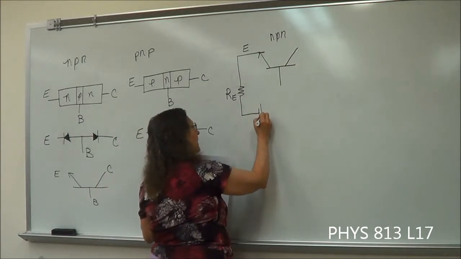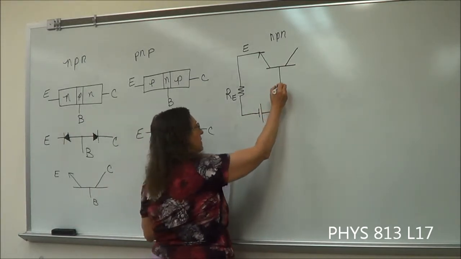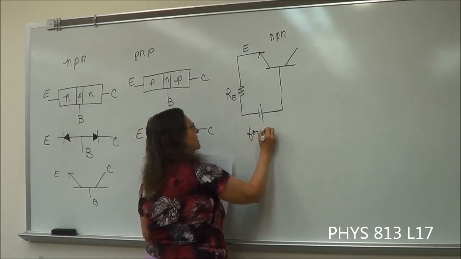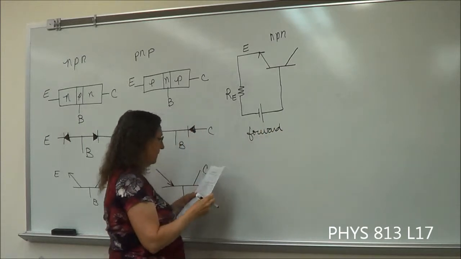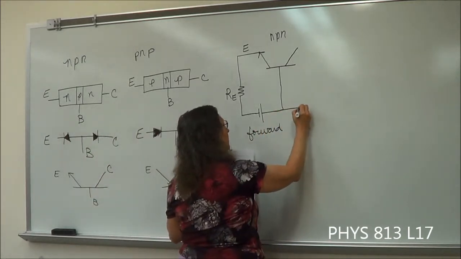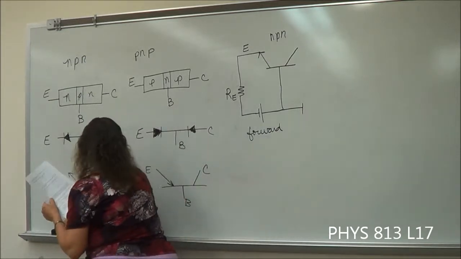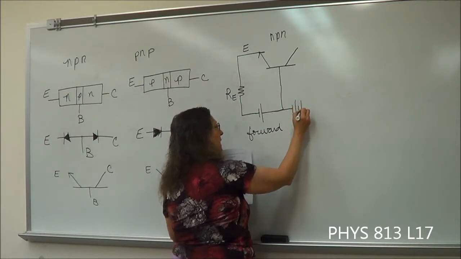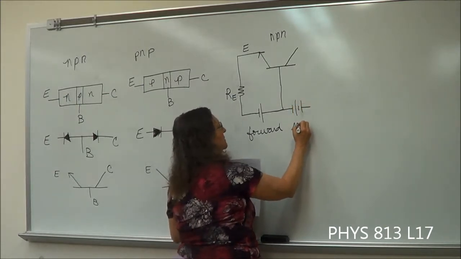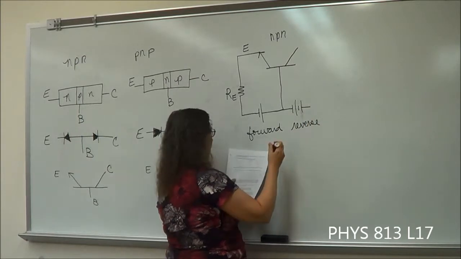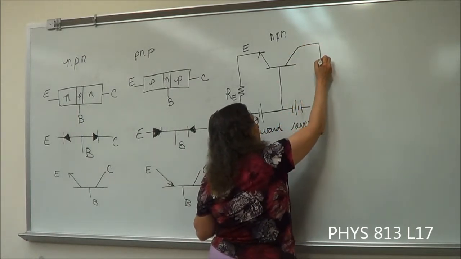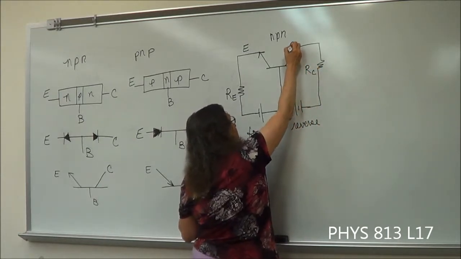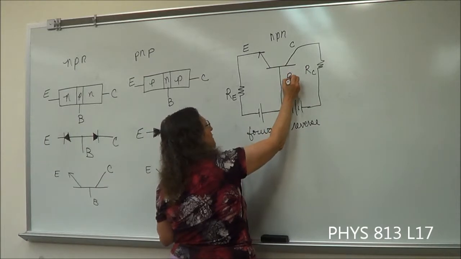Then here we have one battery, and this one is going to be forward bias. And then over here we have another battery, and it is reverse bias. So we're going to look at that and see what and why. Okay, so we have a resistor there for the collector. This is the collector, this is the base.